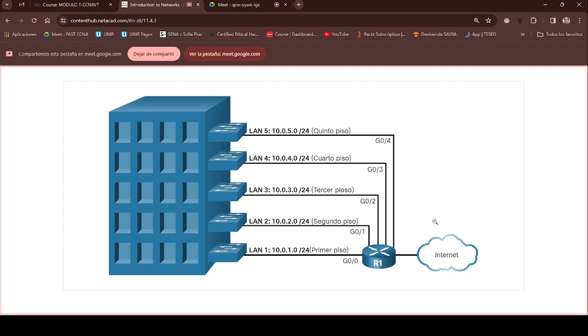Entonces, en términos prácticos, vamos a tener que colocar enrutadores y dividir desde el punto de vista de IP nuestras redes. No solamente va a ser a nivel físico, colocando switches y creando redes virtuales, sino también a nivel lógico, dividiendo nuestra red LAN en subredes.